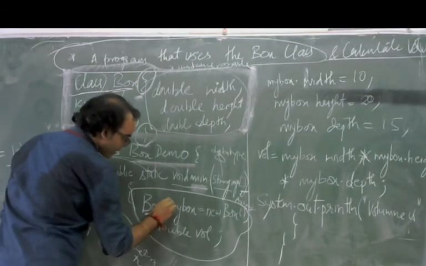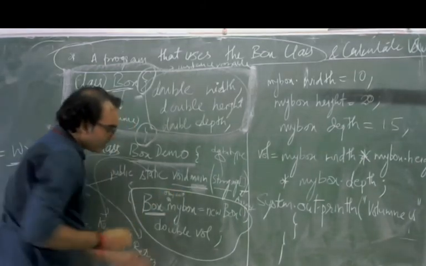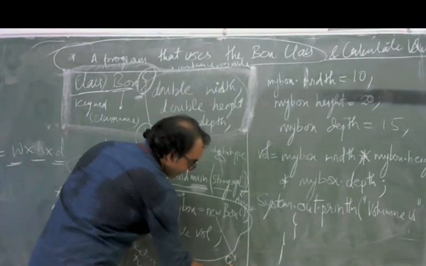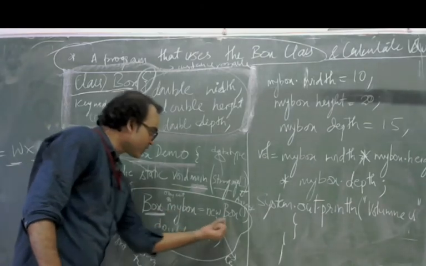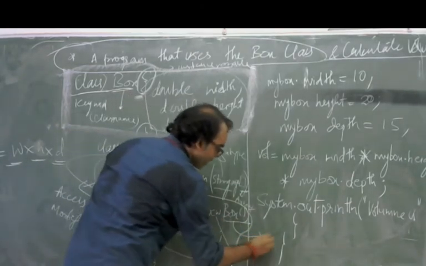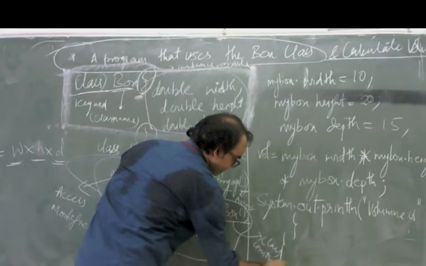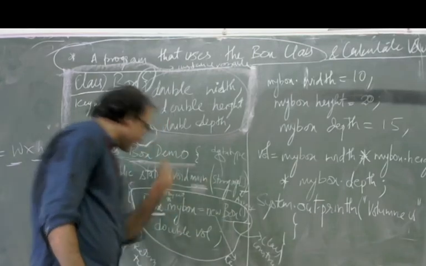Then this is an object. myBox is an object. We take the new keyword. This is Box, this is myBox, an object, this is the new keyword, and this is the class constructor.